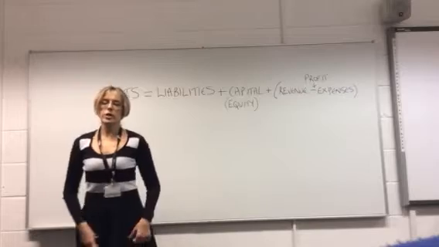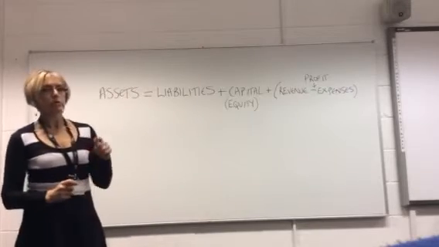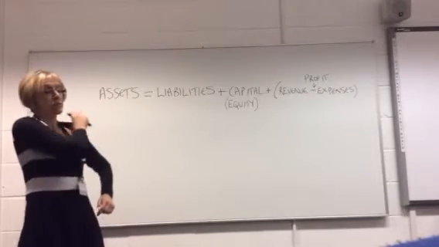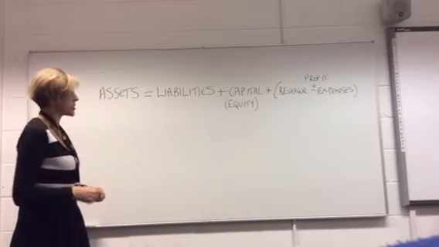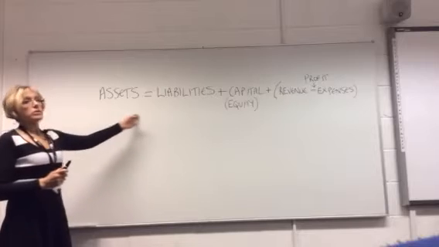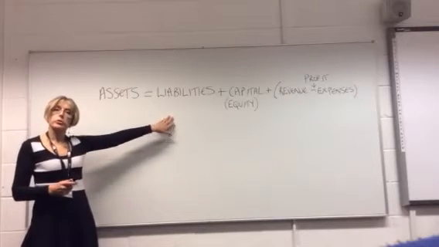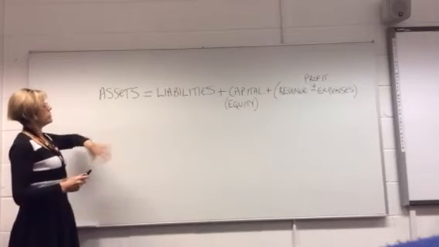Okay, so we're now in the second week, and my first video was about the accounting equation, and we need to take that on a little bit further today. So here's the expanded accounting equation, which I talked to you about last week.